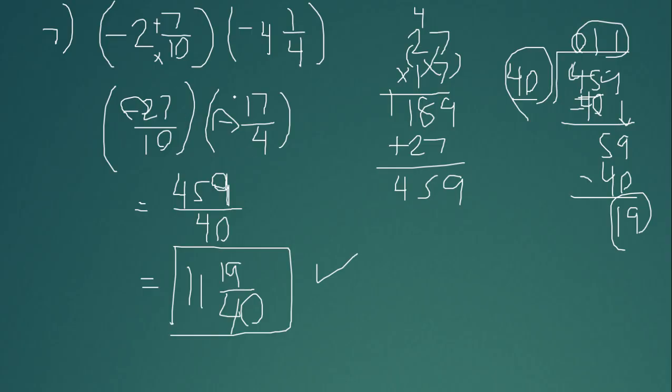Wala naman yung nakitang cancellation natin. Example number 8. How about if we have 15 7/9 times negative 12 1/4?